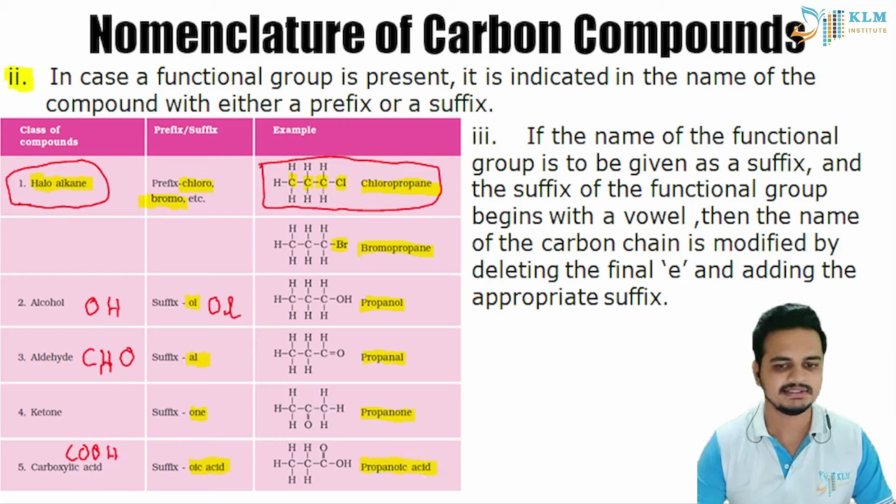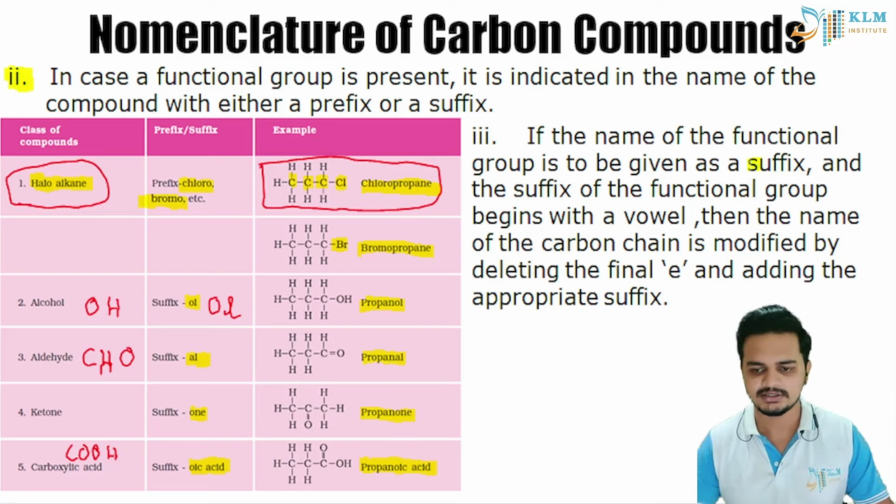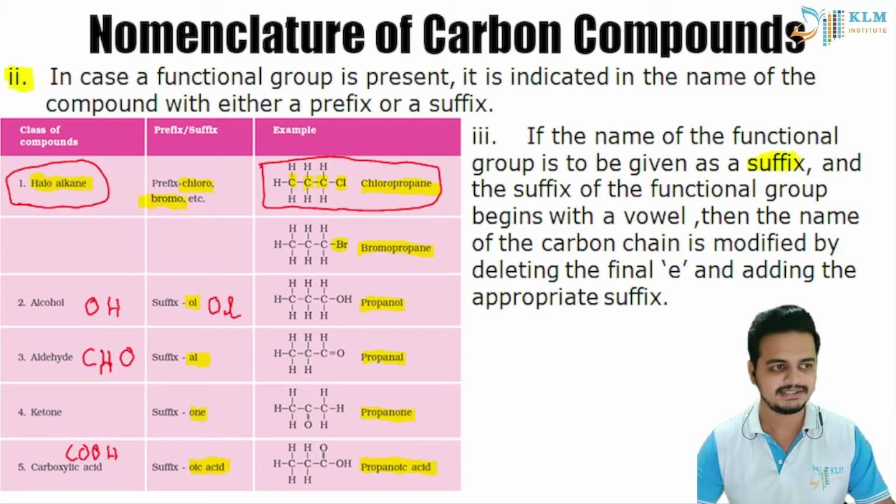So here you can see there is the third rule given here. If the name of the functional group is given as a suffix, so we have 4 suffixes here, and the suffix of the functional group begins with a vowel. So let's see how many of these begin with a vowel.